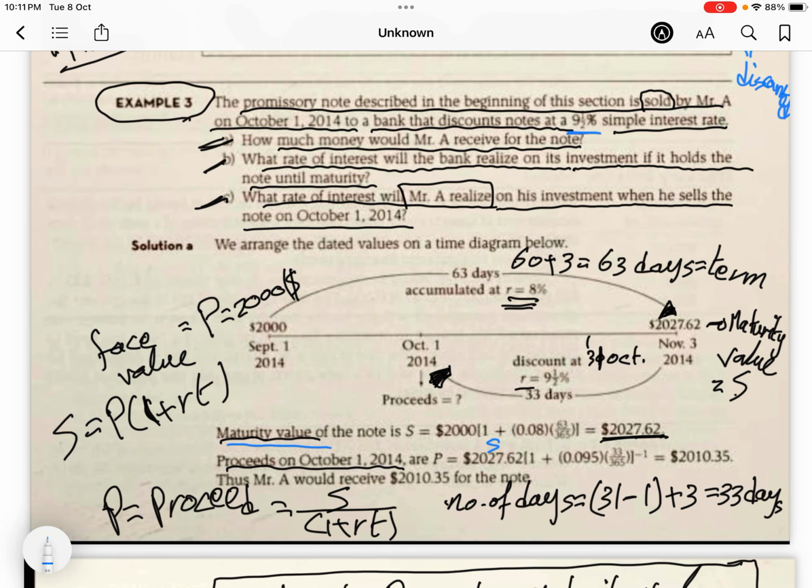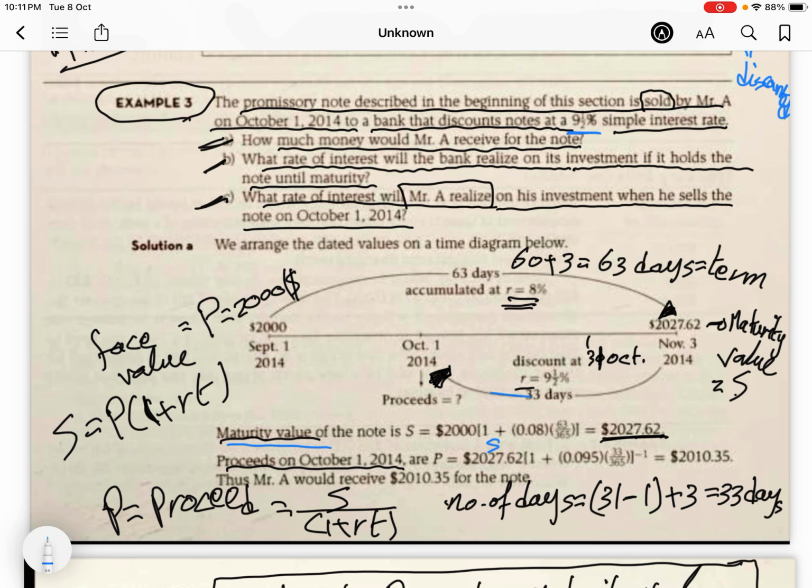Now, for the proceeds, we have S, but instead we have the discounted time on the graph. You must calculate the discounted period from the 3rd of November back to the 1st of October.